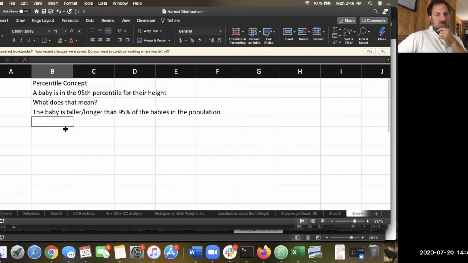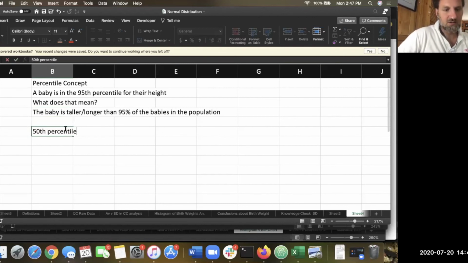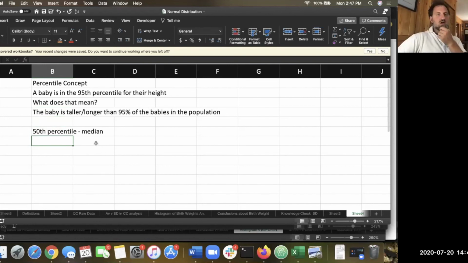So some important percentiles would be something like the 50th percentile. That's the median, because a baby that's bigger than 50% of the babies in the population is exactly in the middle.